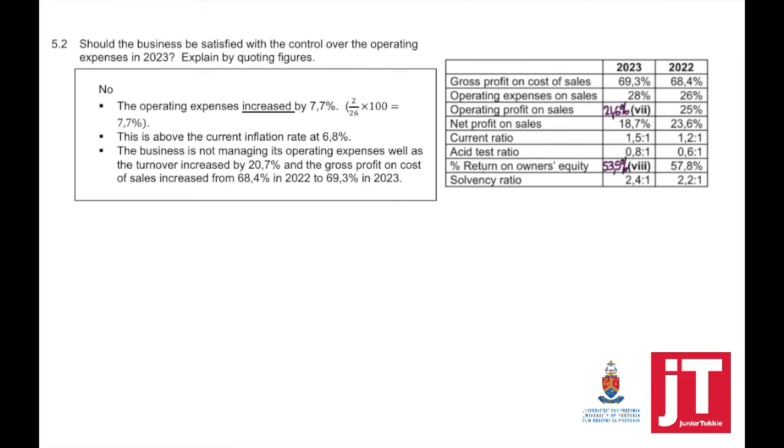So our turnover was much more. Our gross profit on cost of sales increased, which means that our markup percentage actually increased. Yet our operating expenses went up by so much, by 7.7%. Yes, prices do increase, but this increased by quite a bit.